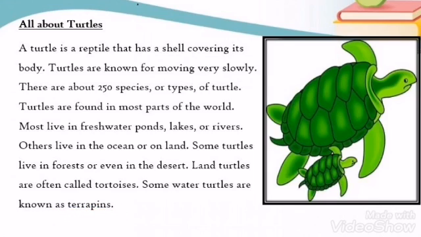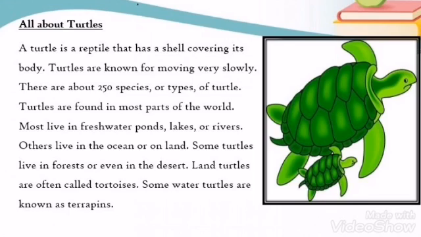My dear students, so this paragraph is about turtles. Turtles are found on different areas of earth. Some turtles live on land and some turtles live in the water. Water turtles also come out on land on various occasions. My dear students, turtles have different shapes and different sizes.